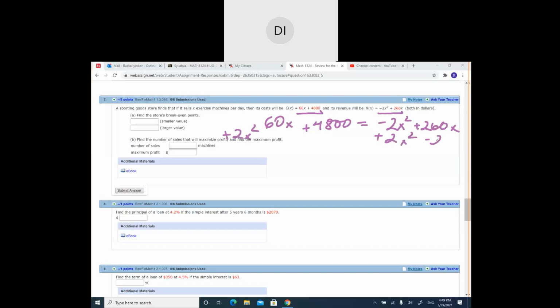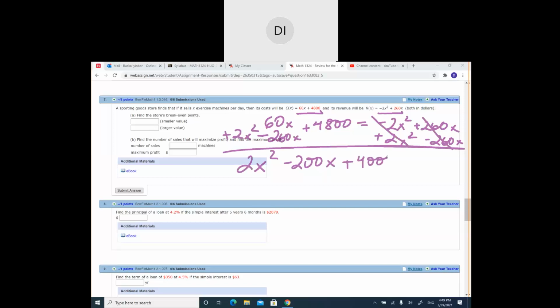And then subtract 260x. You're going to combine everything, and it's going to be equal to 0 because this cancels and this cancels. So we have 2x squared minus 200x plus 48 hundredths equals 0.